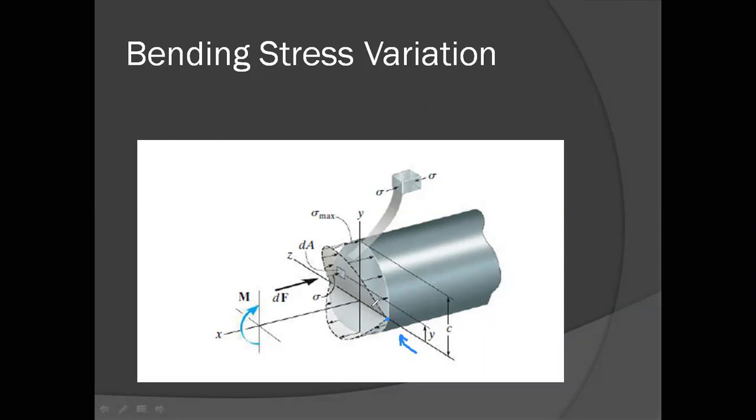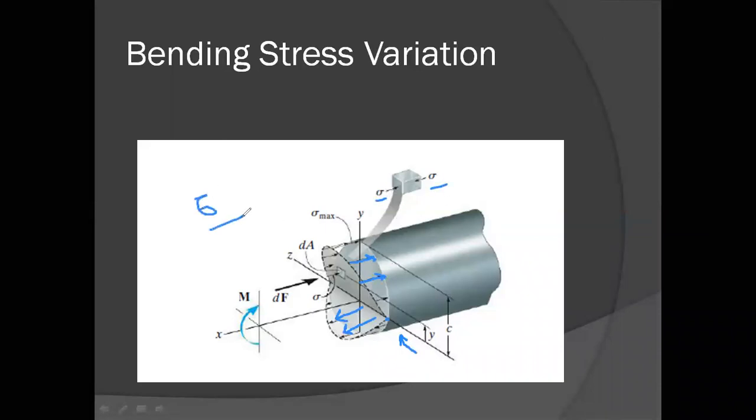Whatever stresses are measured above the neutral axis are compressive, and these act in a direction perpendicular to the area of cross section. Below the neutral axis, these stresses are tensile, and again in a direction perpendicular to this area of cross section. That's why we call these normal stresses.